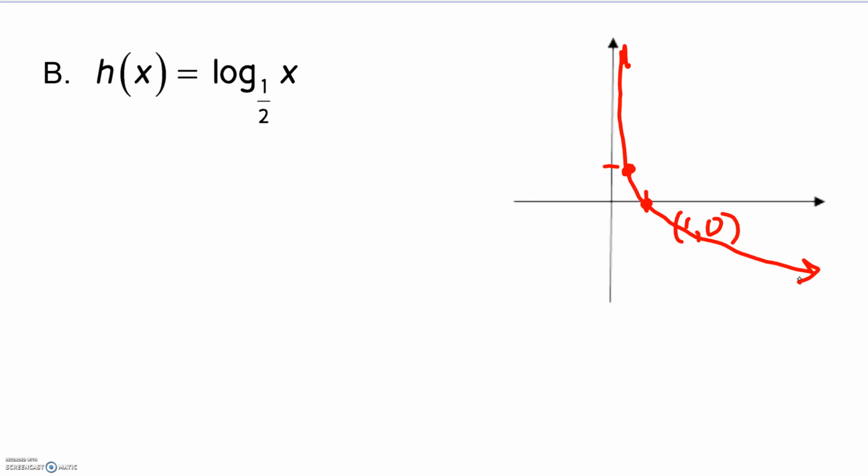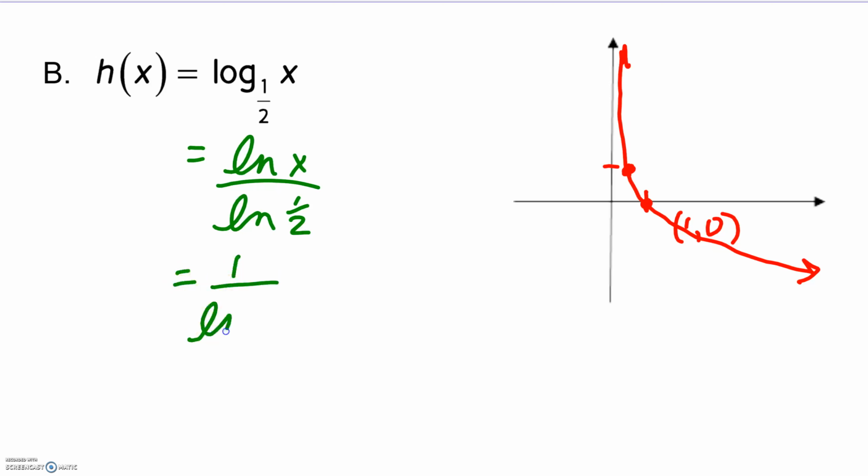And it's sort of interesting to look at that compared to the natural log graph, just like we did on the previous one. Think of this as natural log x over natural log of 1/2, or in other words, 1 over the natural log of 1/2 times the natural log of x. I put 1 over the natural log of 1/2 into my calculator and got negative 1.44.